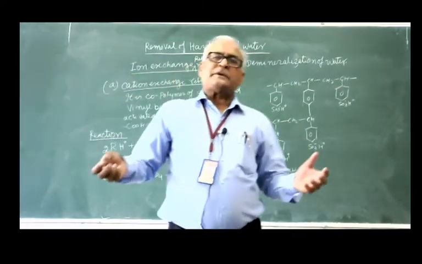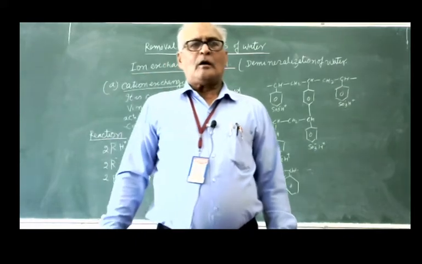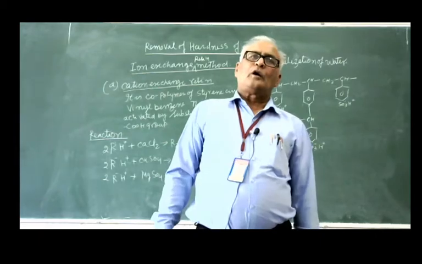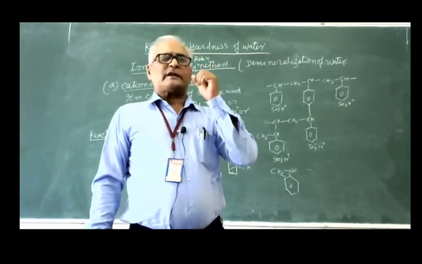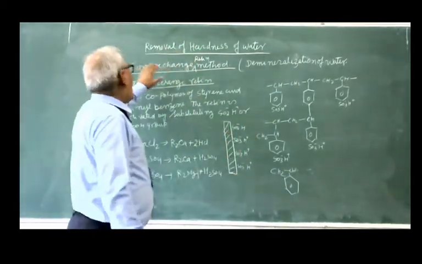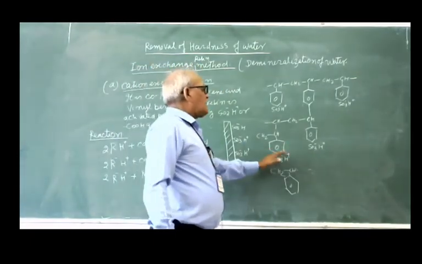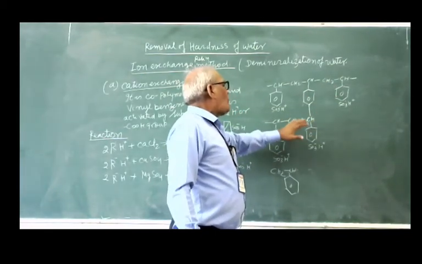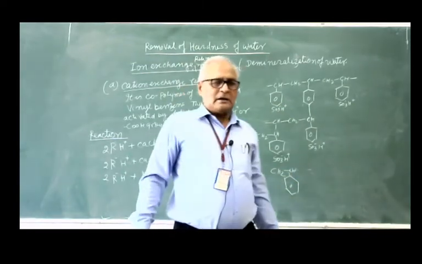Polystyrene and vinyl benzene are polymerized together, giving a porous, microporous polymer which is known as ion exchange reagent. So the ion exchange reagent is the cross-linked copolymer of styrene and vinyl benzene.